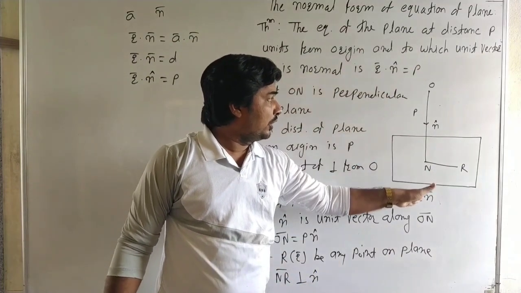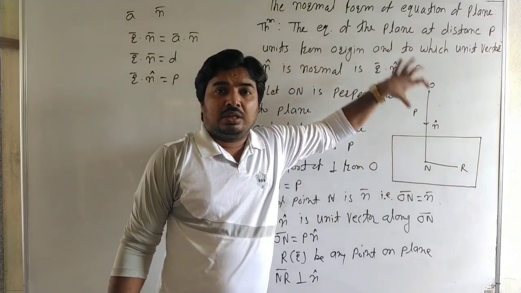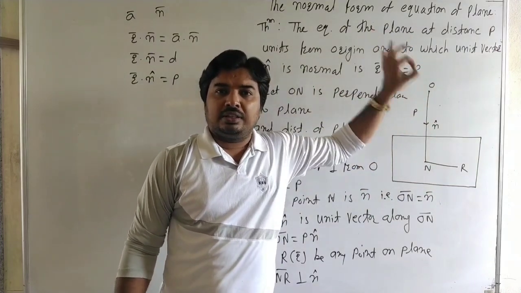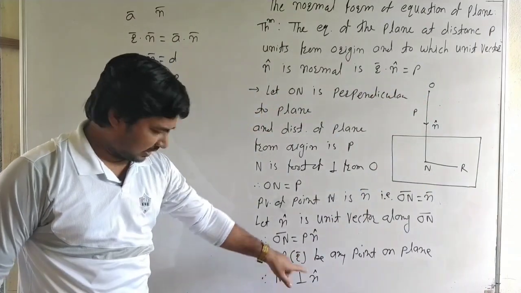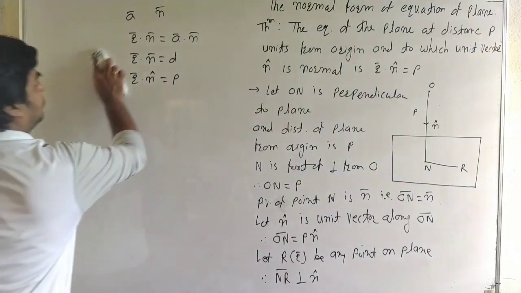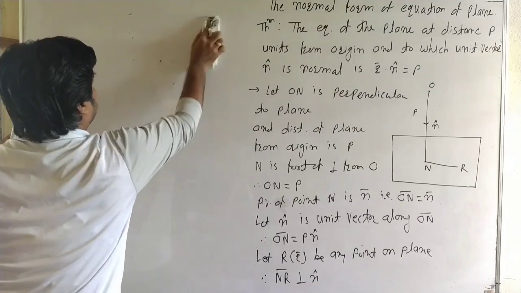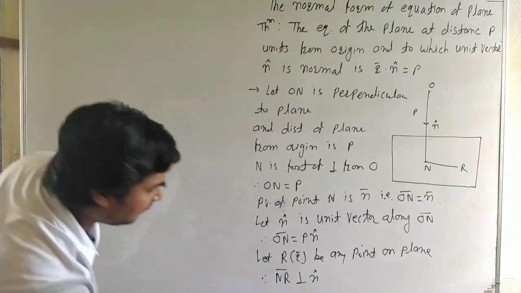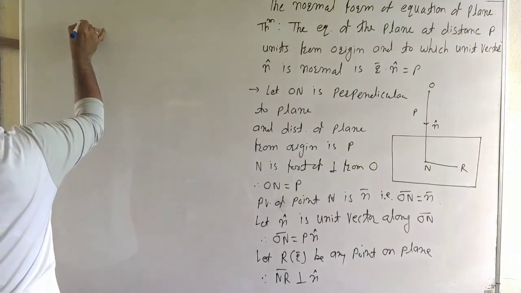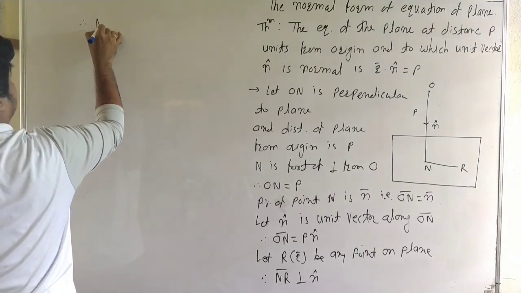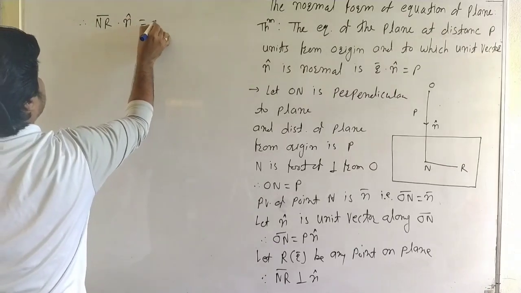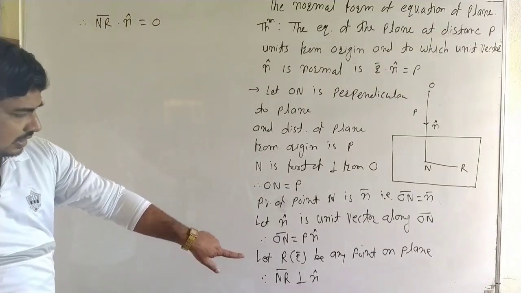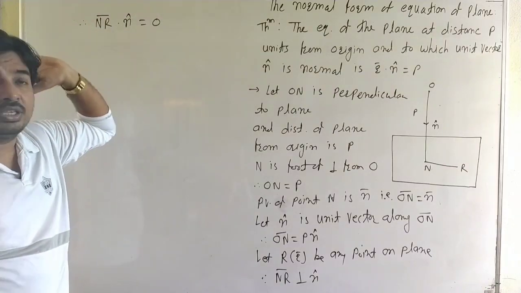NR is perpendicular to ON, therefore NR is perpendicular to the unit vector N cap, because N cap is a unit vector along ON. Therefore we can write NR dot N cap is equal to 0. If two vectors are perpendicular, then their dot product is 0.